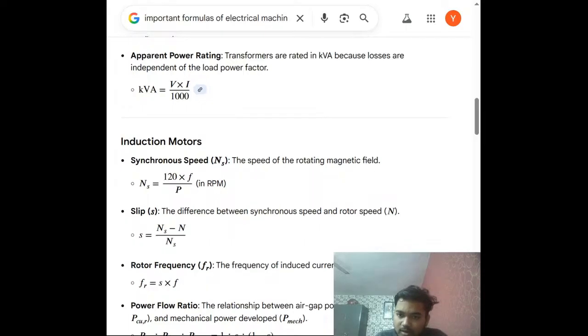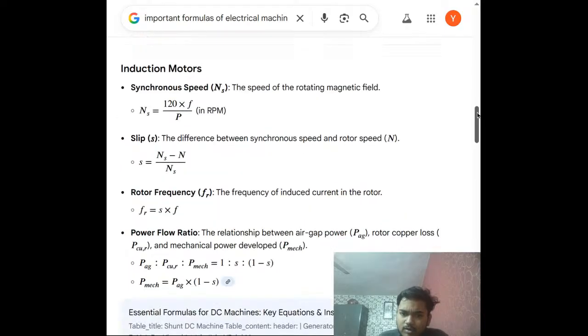If the load power factor is minimum, the losses are also minimum. If the load is high, the power consumption loss is also high.